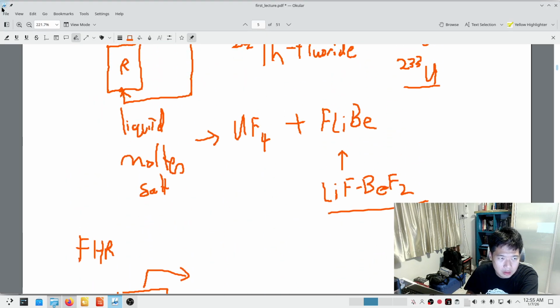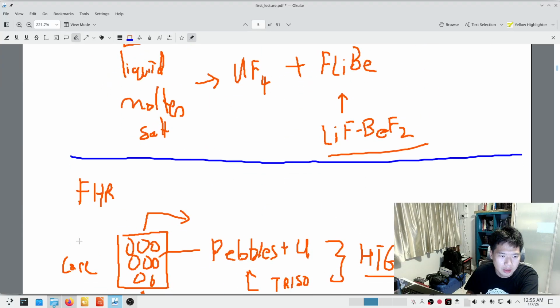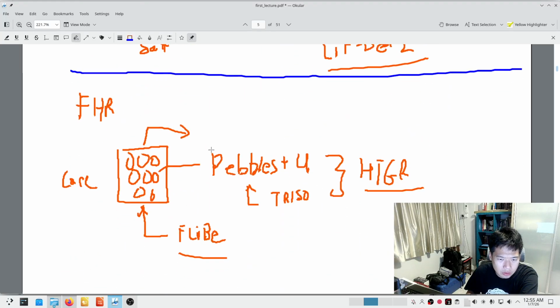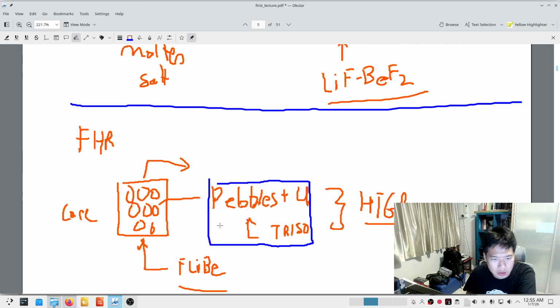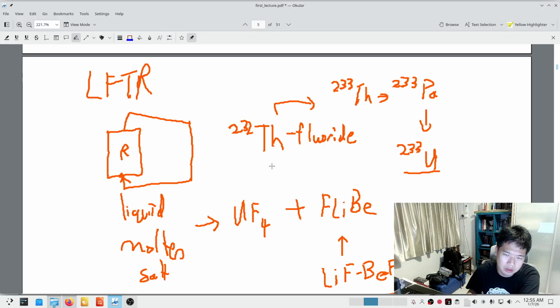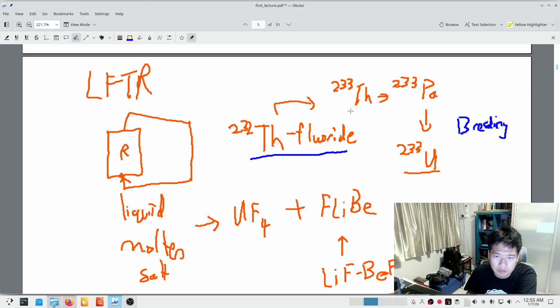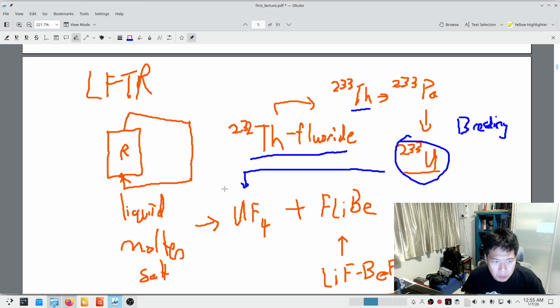Now, as compared to the liquid fuel molten salt reactor, the uranium TRISO fuel is not meant exactly to do what we call breeding. Breeding is converting natural thorium into a nuclear fuel, uranium-233, which can then be used as the fuel for the reactor in the liquid fluoride thorium reactor.